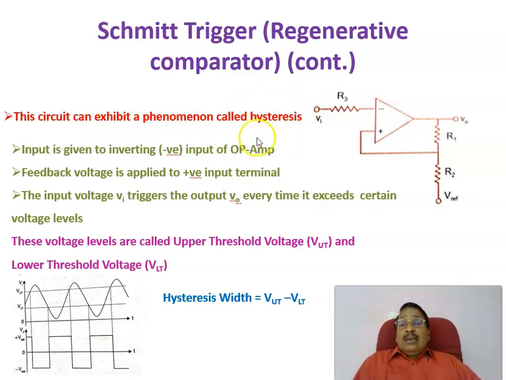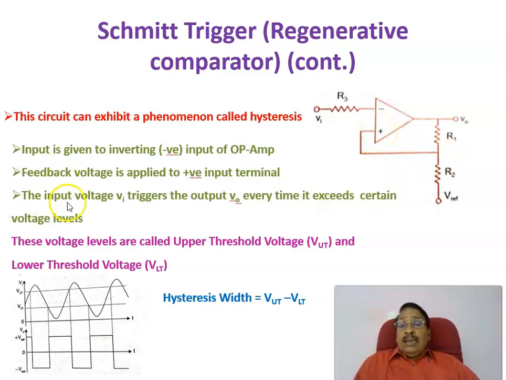Here, if you see, the input signal is given to the inverting terminal, that is the negative terminal, through a resistance R1, therefore through the op-amp inverting terminal. The feedback signal taken from the output is applied to the positive input.